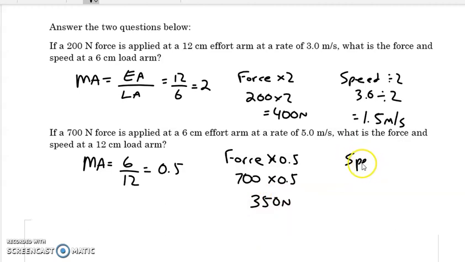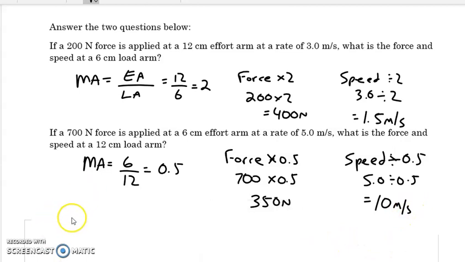The speed, however, is going to be divided by 0.5, which we're going to take from 5 meters per second, divided by 0.5. That generates 10 meters per second.